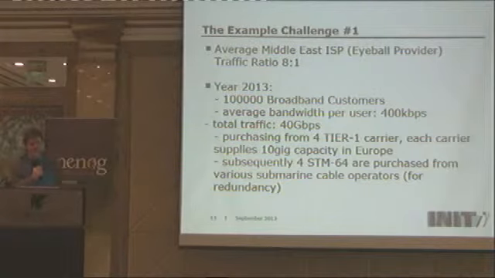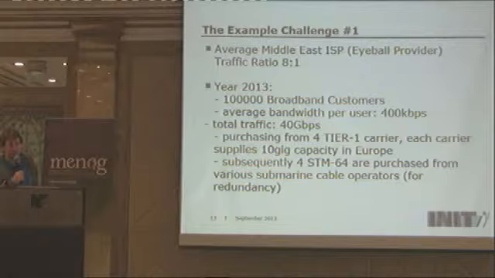I assumed any Middle East ISP in any Middle East country, an eyeball provider, has this year 100,000 broadband customers. The average bandwidth per user is 400 kilobits. That results in total traffic of 40 gigabit. And they purchase from 4 different tier 1 carriers. Each carrier supplies 10 gigabit capacity in Europe.